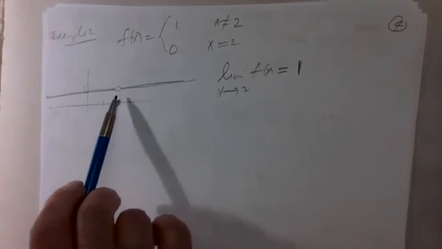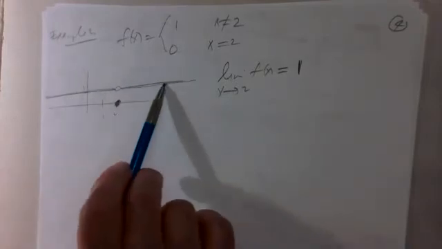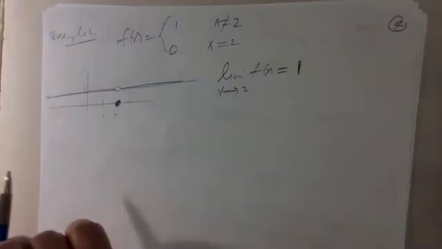No matter how close you get to 2, the function is 1. So the function is 1, 1, 1, 1, 1, and the limit is 1. The fact that the value of the function at x equal to 2 is 0 is truly irrelevant to us. Okay, questions?